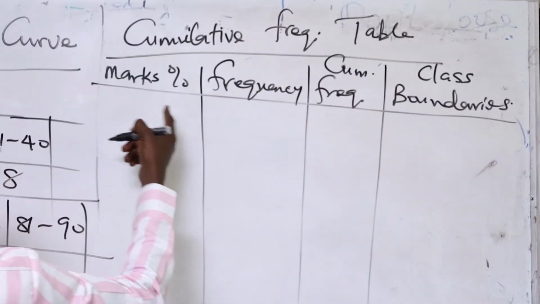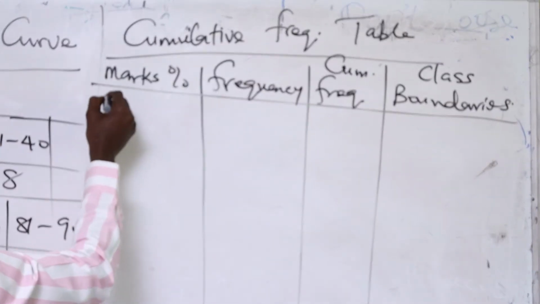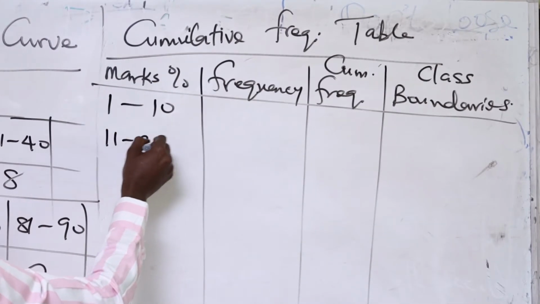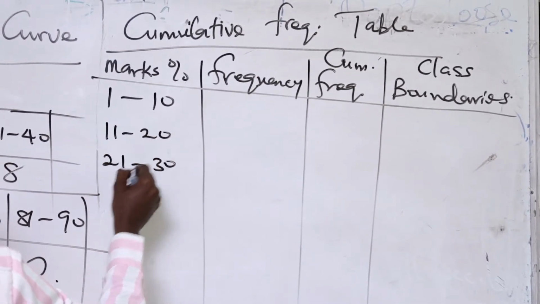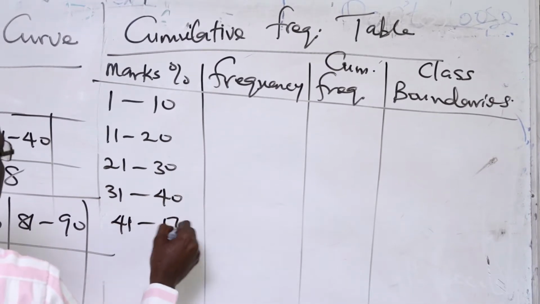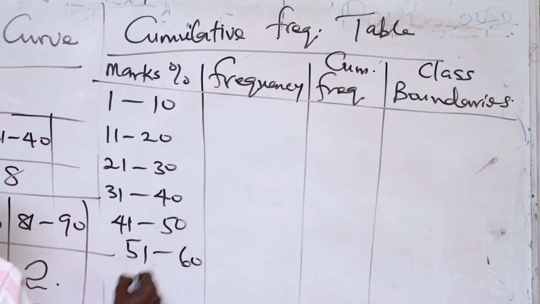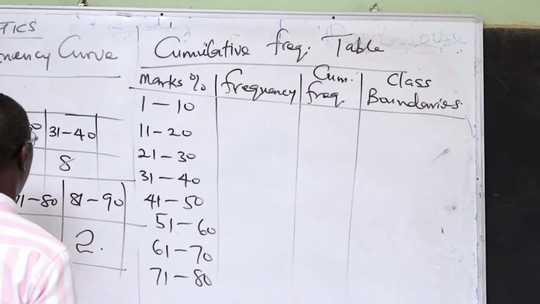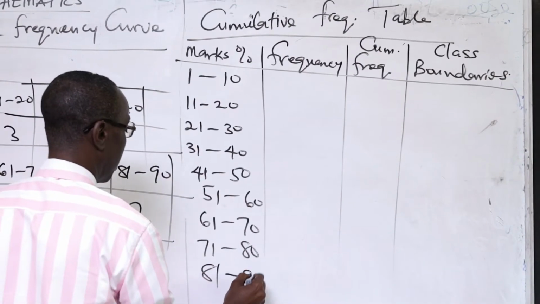For the class intervals, you repeat what is given to you: 1 to 10, 11 to 20, 21 to 30, 31 to 40, 41 to 50, 51 to 60, 61 to 70, 71 to 80, and 81 to 90.